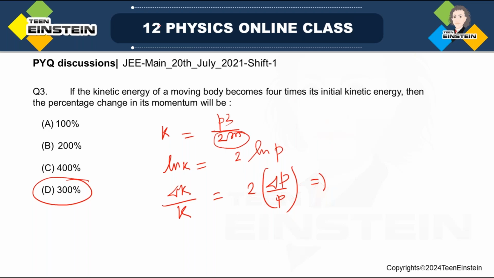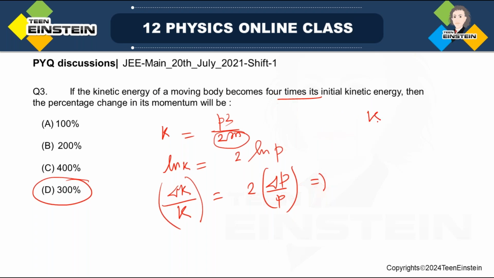K is P square by 2m, that is fine. Here is the clue actually: the kinetic energy becomes 4 times the initial kinetic energy.